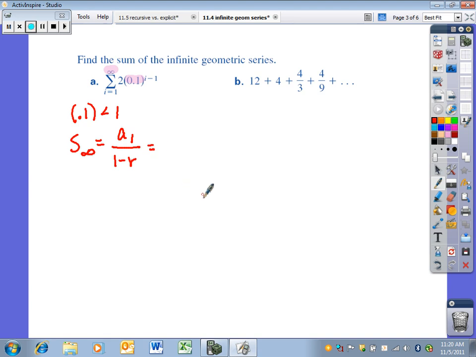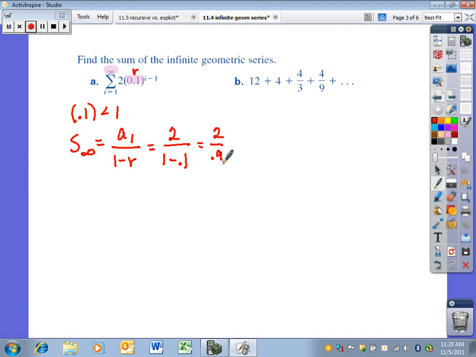My first term, if I put 1 in here, 1 minus 1 is 0. 0.1 to the 0 is 1. Times 2 is 2. So my first term is 2. Divided by 1 minus my ratio, which was 0.1. And I get 2 divided by 0.9.